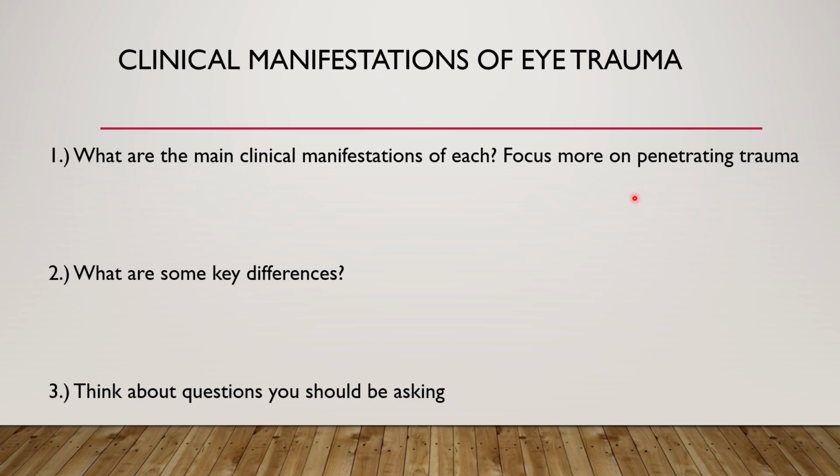With penetrating trauma, it is very severe, sharp pain. They're going to have some type of laceration, and it's emergent. They need to come in as soon as possible. So again, what kind of question would we ask?